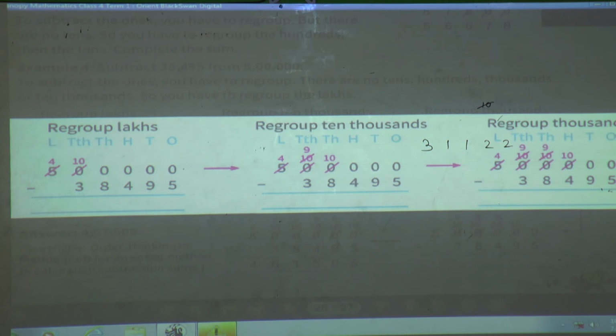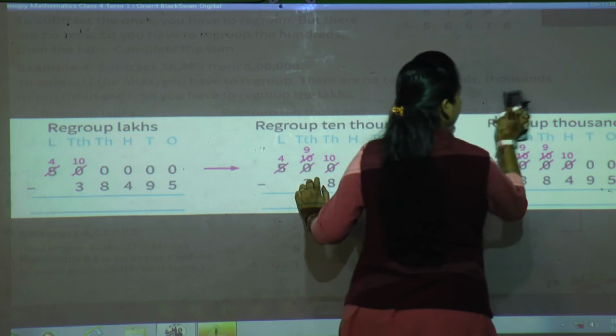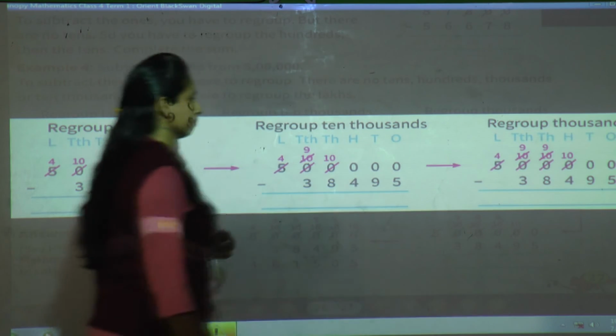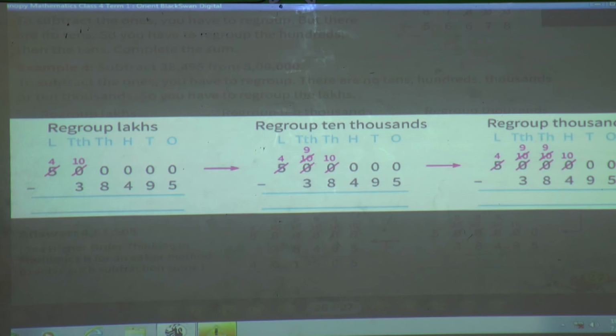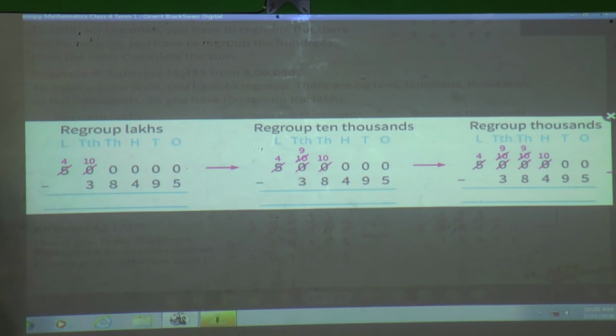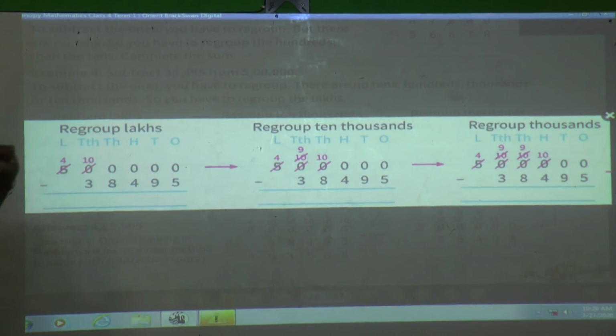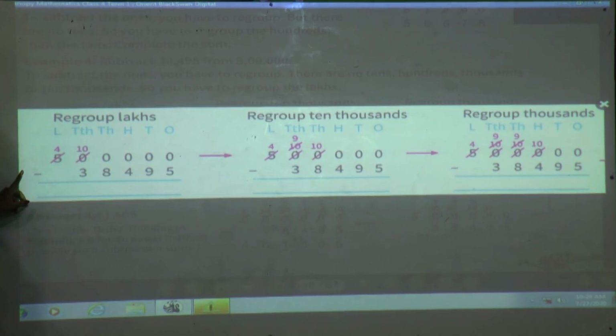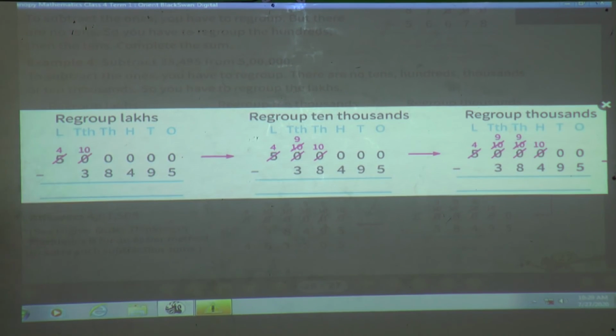See, one more example I'll teach you, regrouping lakhs, tens and thousands. Example number 4 is given.